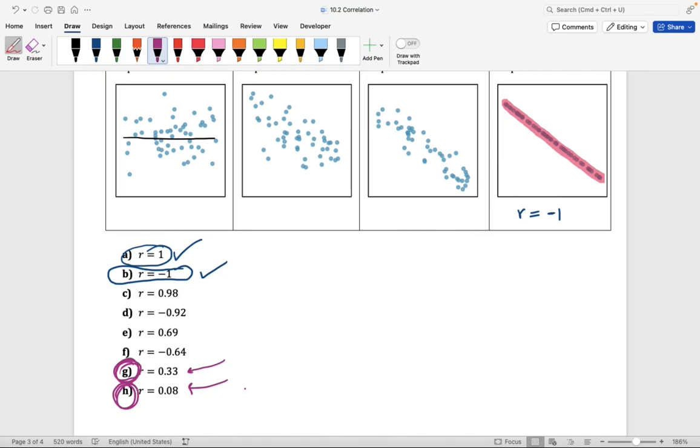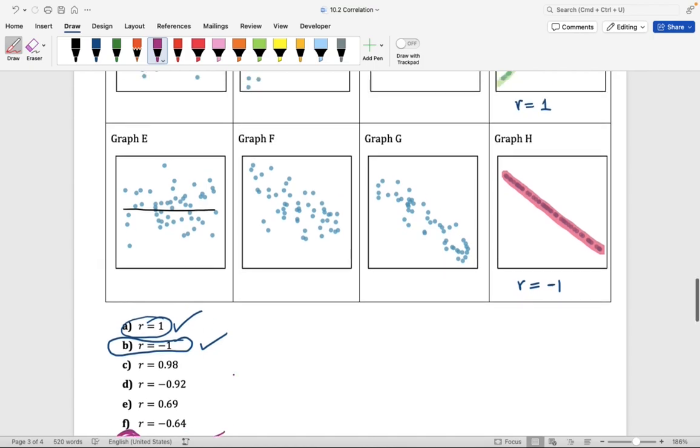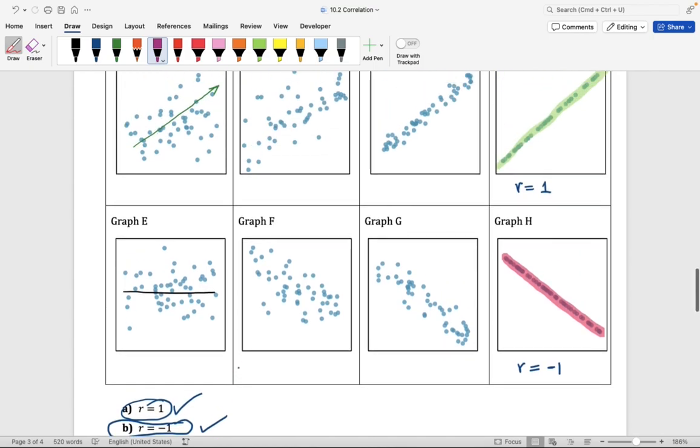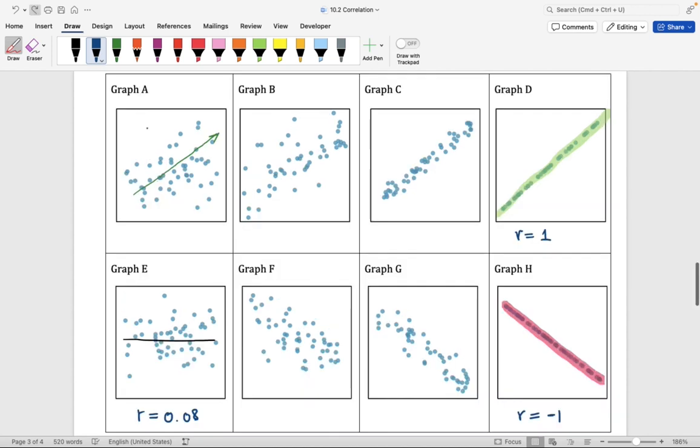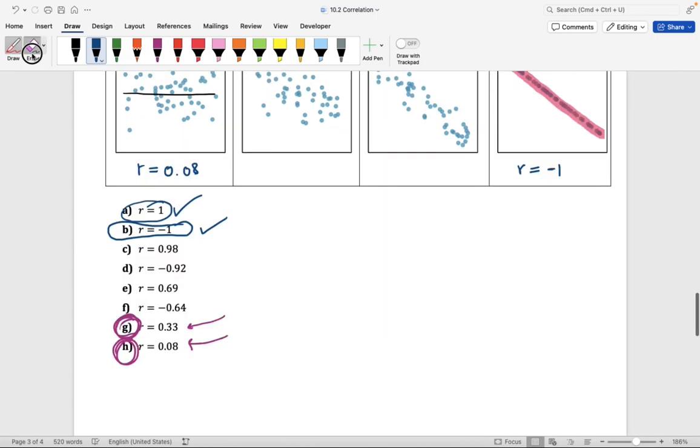So the scatter plot with the weakest linear relationship is going to be matched with R equal to 0.08. In our case, the scatter plot with the weakest linear relationship would be the one we have here in graph E. So R here is equal to 0.08. Now the correlation coefficient for graph A would be R equal to 0.33. So we are done assigning those two correlation coefficients to a graph.